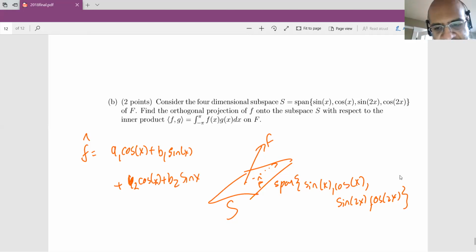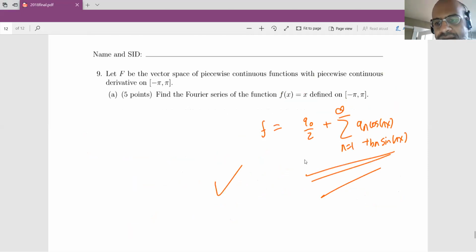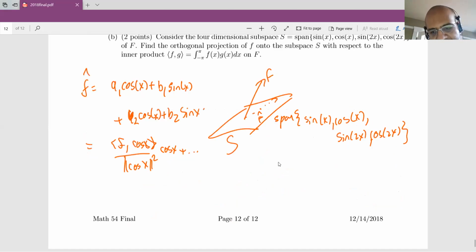And this follows from the formula, right? It's just going to be f inner product cosine x over the norm of cosine x squared, times cosine x. Just 4 terms like this, but then wait a minute, those are exactly the terms appearing here, right? So same, chapter 6, but a conceptual question that the same thing works.